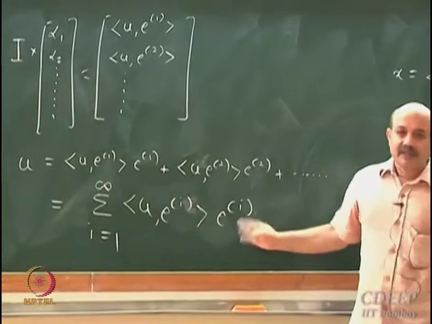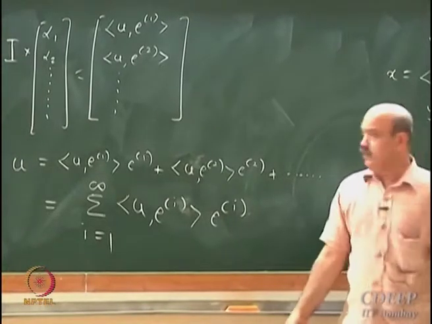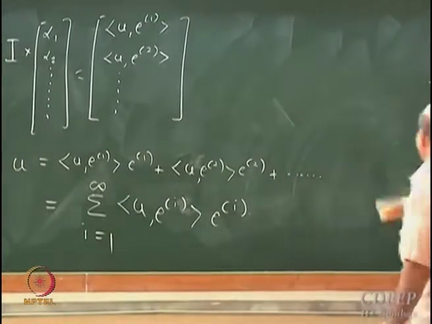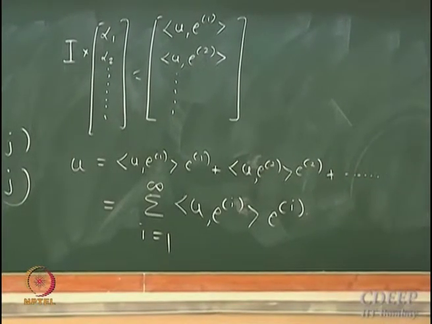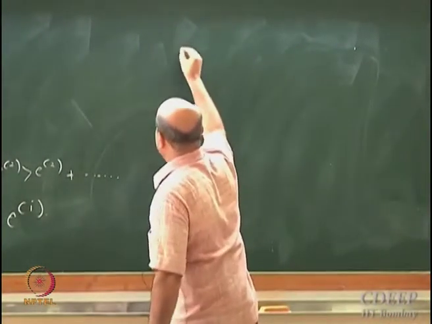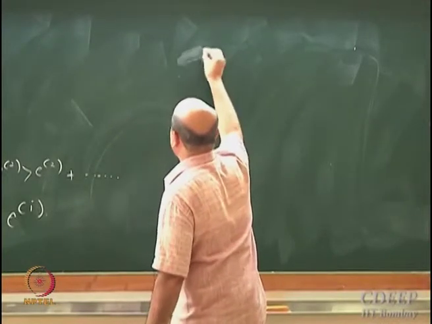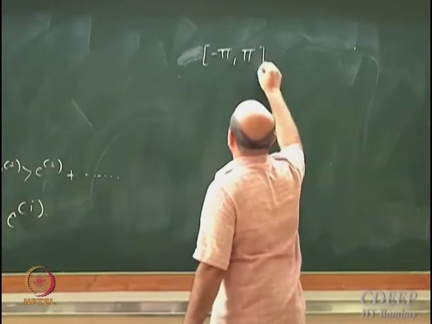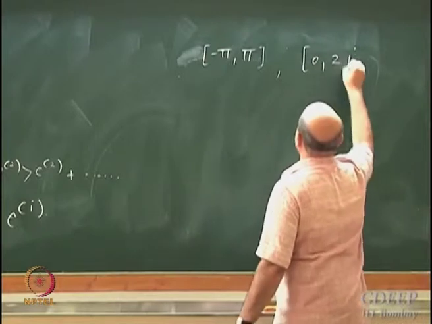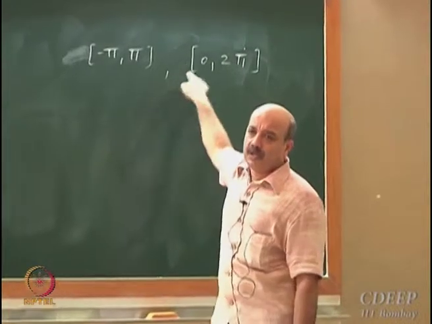Okay, so this is generalized Fourier expansions. A specific example would be the classical Fourier series which you study in second year of engineering, for the space of continuous, square integrable functions over minus pi to pi, or 0 to 2 pi.